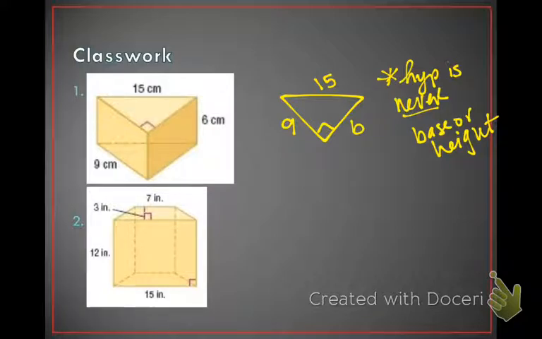How do you find the third side in a right triangle? The Pythagorean theorem. That is my hint to you. Find this side so you can find the area of the triangle. Go. Hypotenuse is never the base or the height because it is a diagonal and not a completely horizontal or vertical line.